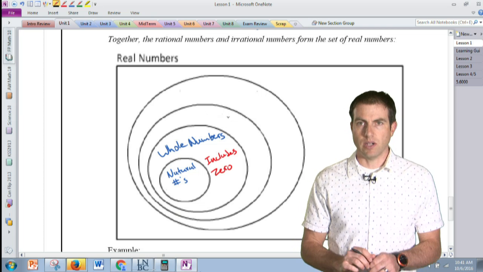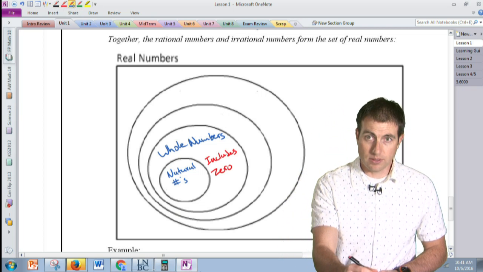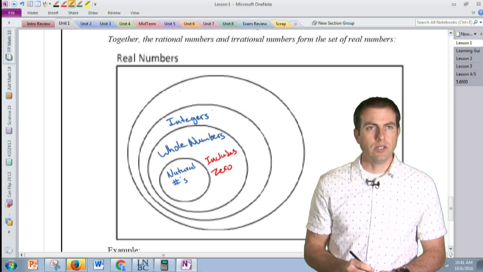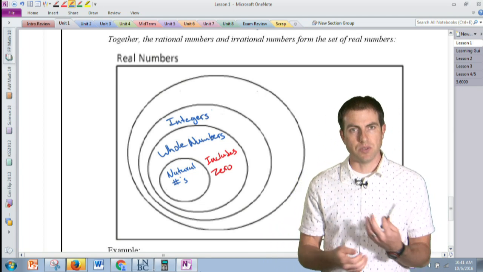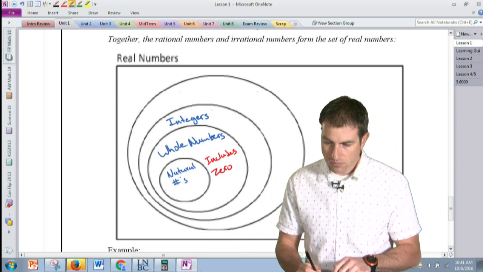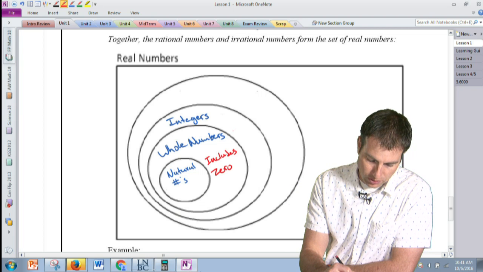I bet you're going to remember it as soon as I say it. These are called integers. So integers are whole numbers. They can be positive or negative, and they include 0. What makes integers special is that negative values are included in here.